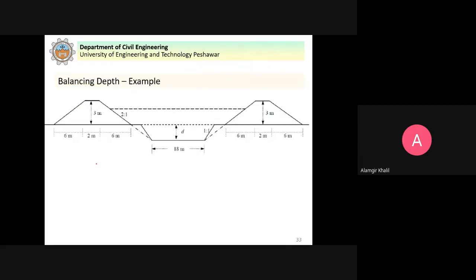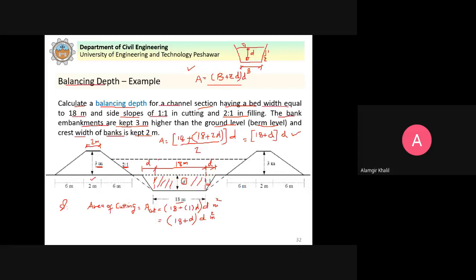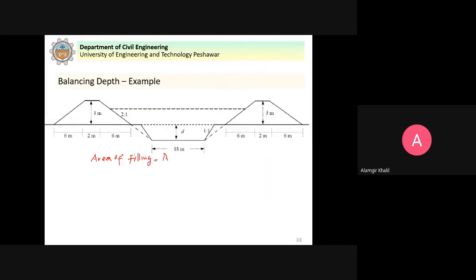Next we calculate the area of fill. Now again we use the formula.